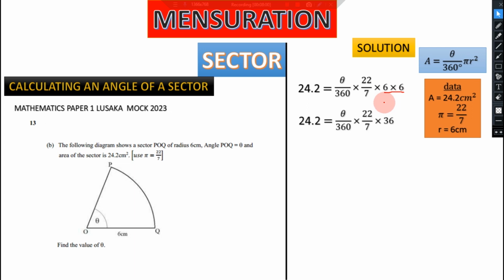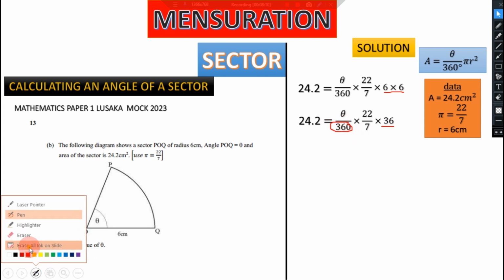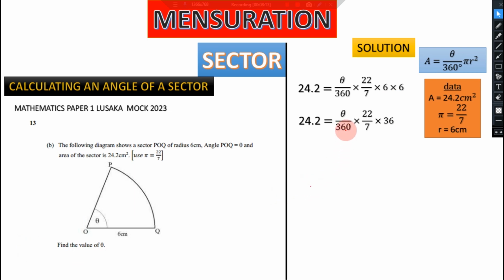So this time around, I have a 36, so I can reduce the 36 and the 360 right here. 36 into 36 is 1. 36 into 360 goes 10 times. We have reduced that, and from here we can't reduce any further.